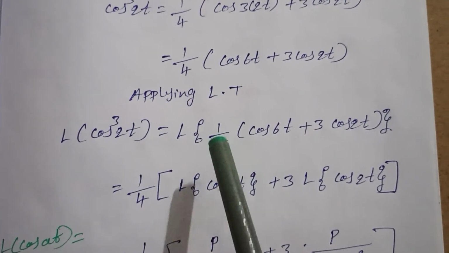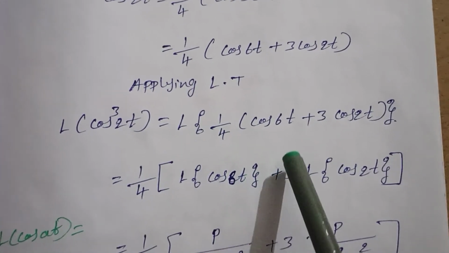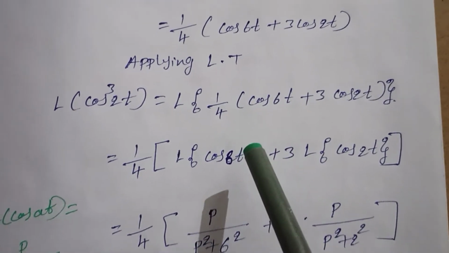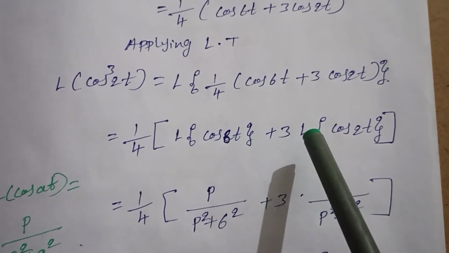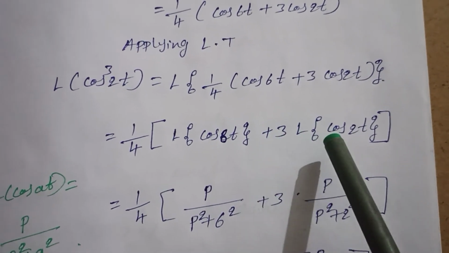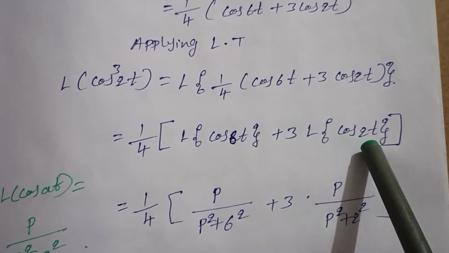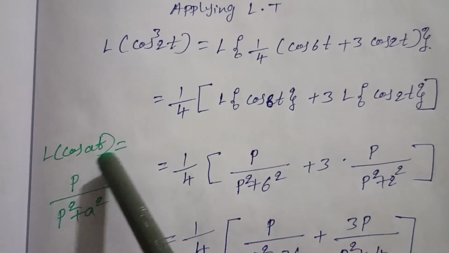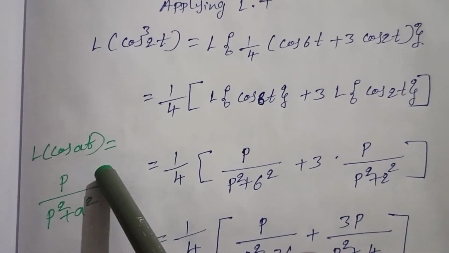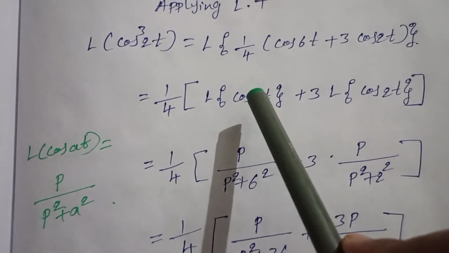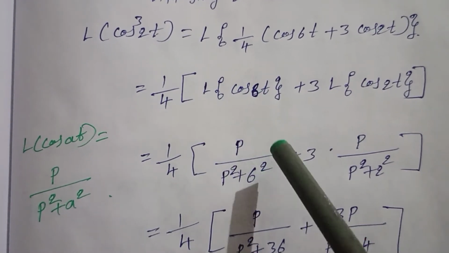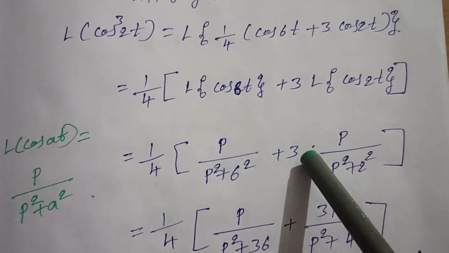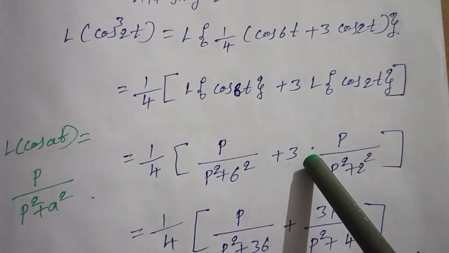1 by 4 I am writing outside of Laplace. Here I am going to apply Laplace for cos 6t. So 3 is written outside of Laplace, and cos 2t. It is in the form of cos at. L of cos at is equal to p by p square plus a square. In place of a here we have 6. So p by p square plus 6 square, plus here 3 constant I am writing same as it is.